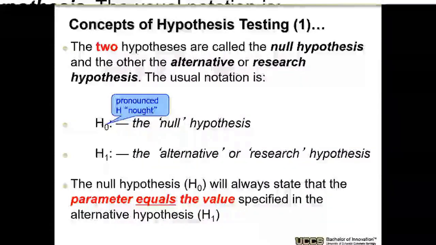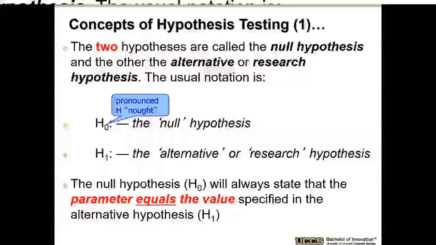So a common way of looking at this is to say, I expect the mean to be this, and that's the null hypothesis. When I reject it, the value is not equal to this. And here I just said equals, but the parameter may actually be less than or equal. There are a couple of sided tests we'll talk about, and we'll see how that goes.